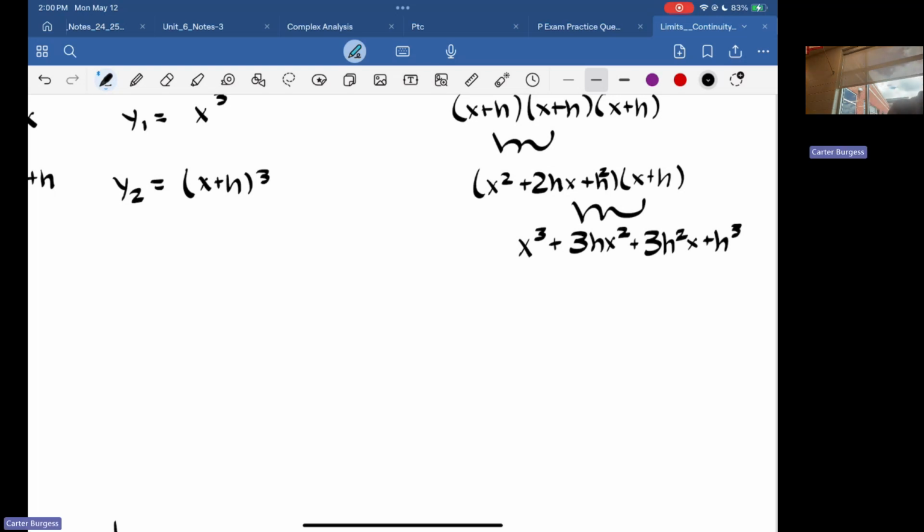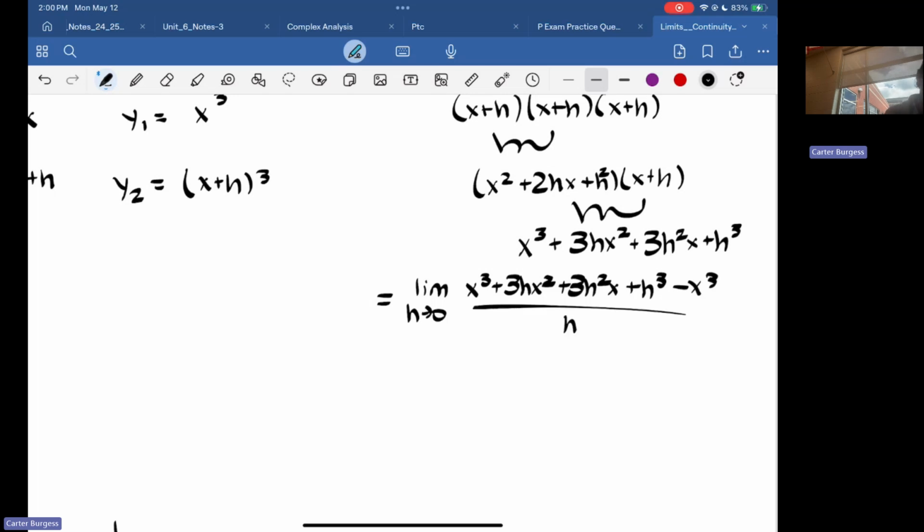And so my derivative is the limit as h approaches 0 of x cubed plus 3hx squared plus 3h squared x plus h cubed minus x cubed all over h.